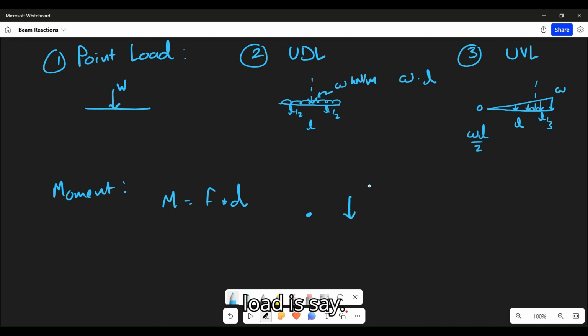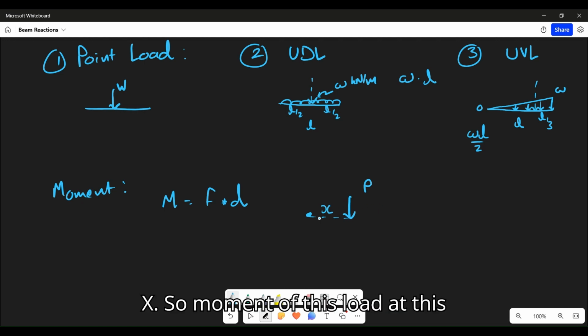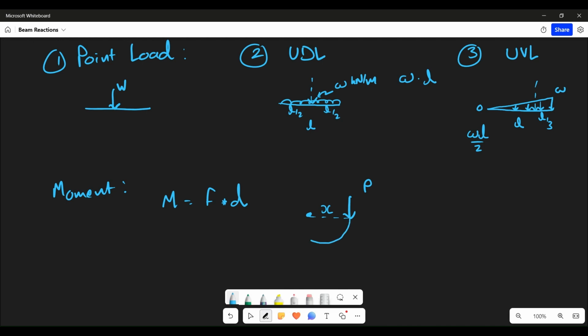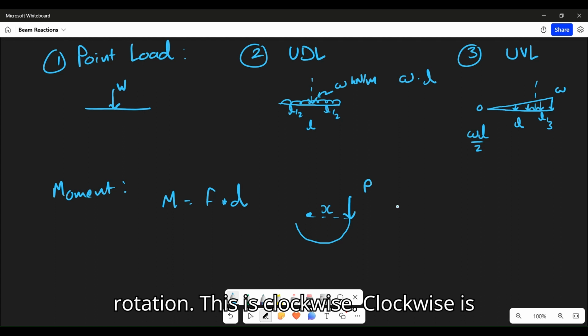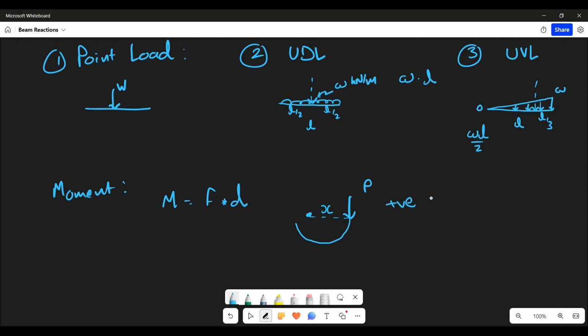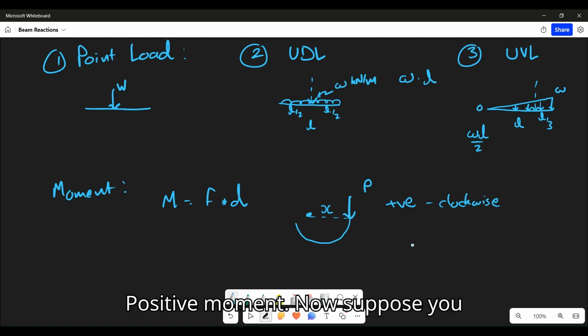Say load P and this distance is X. So moment of this load at this point is P into X. And how to consider direction of this is you just extend from this arrow and take it to our point and see this rotation. This is clockwise. Clockwise is positive. Okay. Clockwise moment is positive moment.